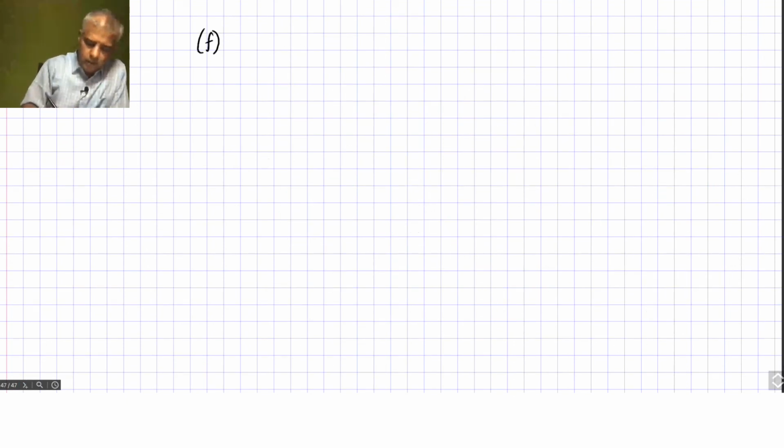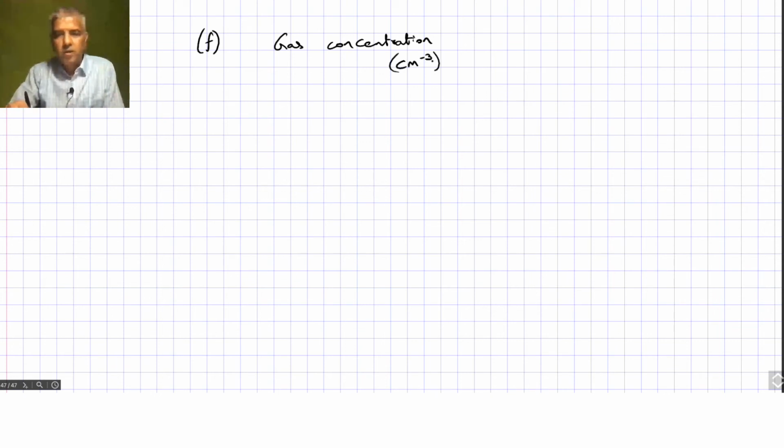so the gas concentration, which is a number of molecules per cubic volume, that is n.